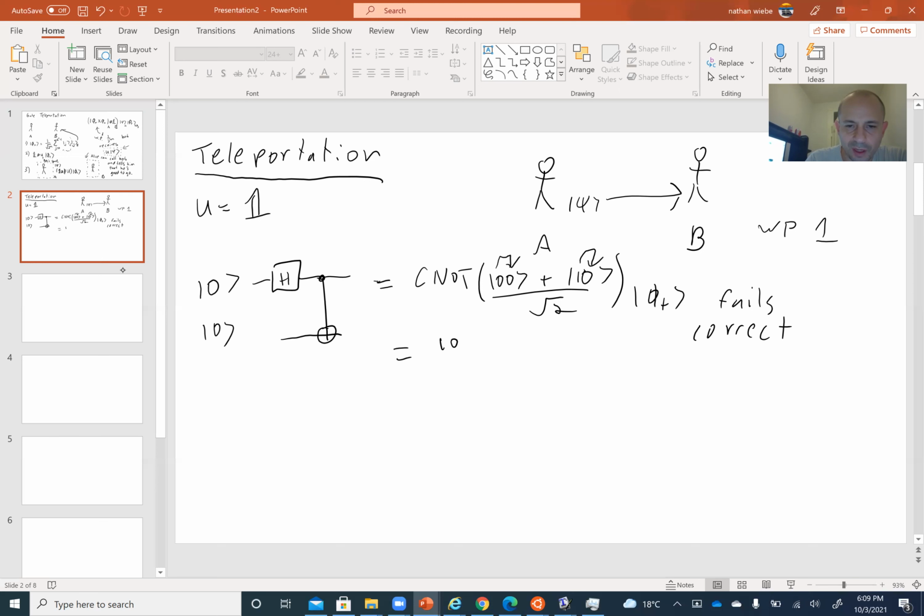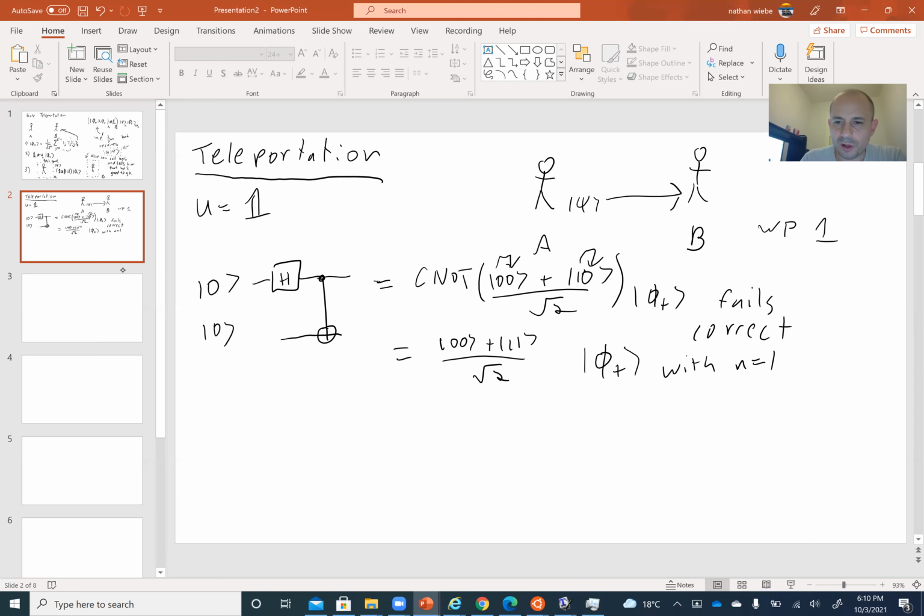So this ends up creating the state (0, 0 plus 1, 1) over root 2. And so this case over here is just being done for 2 qubits, or trying to teleport one qubit effectively. And so this corresponds to phi plus with n equals 1.